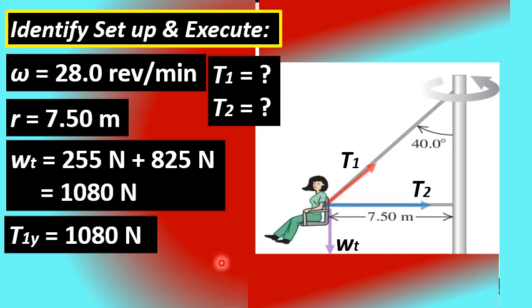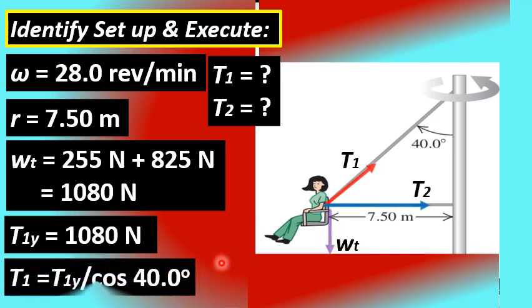Using the cosine function, we can also express the magnitude of T1 as T sub 1y divided by the cosine of the angle 40.0 degrees.